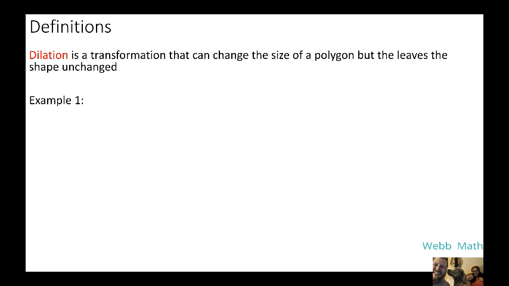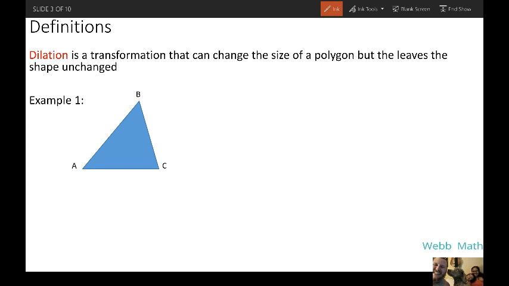So in example 1, you're going to see a triangle, okay? Let's go ahead and say that this triangle has a dimension like this. Let's say the line segment of this triangle for AB has a distance of 3. BC's line segment has a distance of 2.